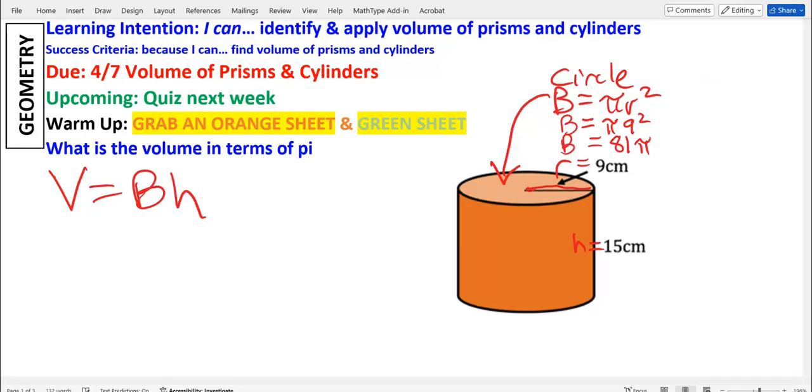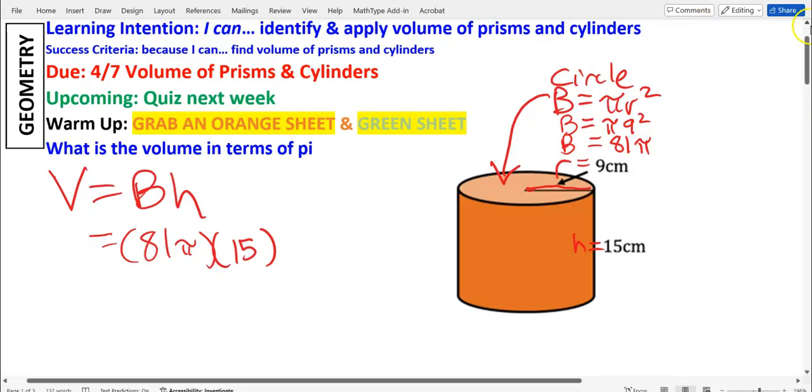So it's 81 pi. I know my big B is 81 pi. My height is 15. So I'm going to do 81 pi times 15. Is everyone able to find area of the base, pi r squared? Don't type the pi, write the pi symbol, and then times the height. That's how you get the volume.